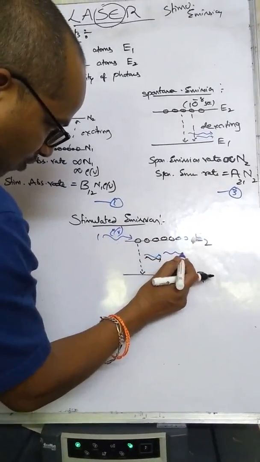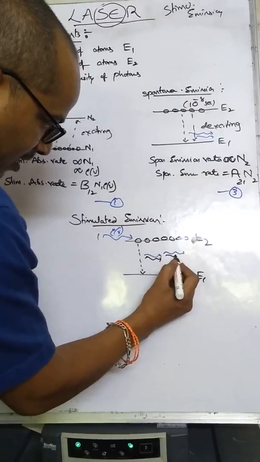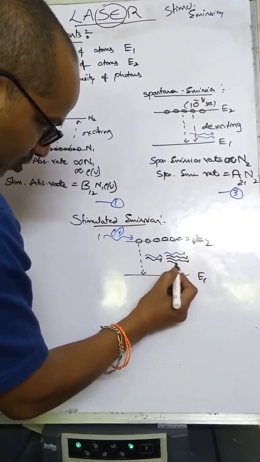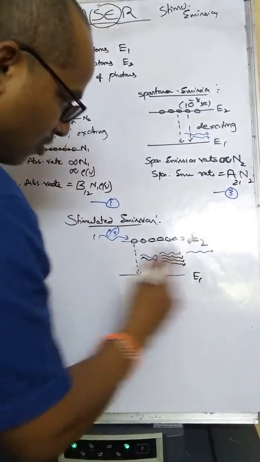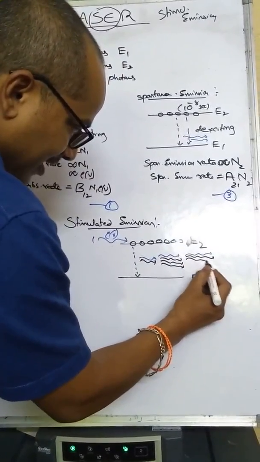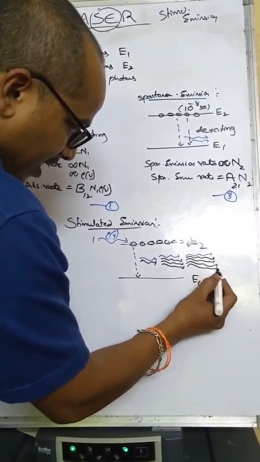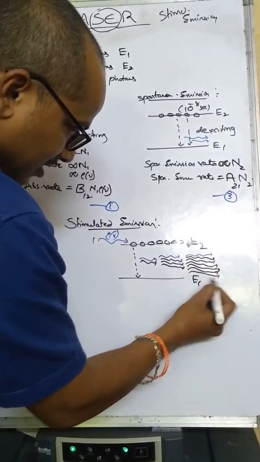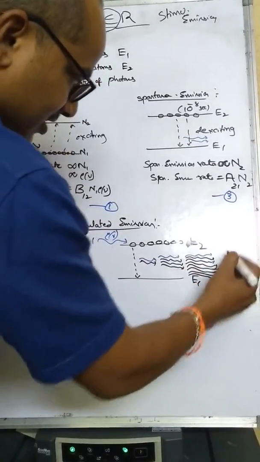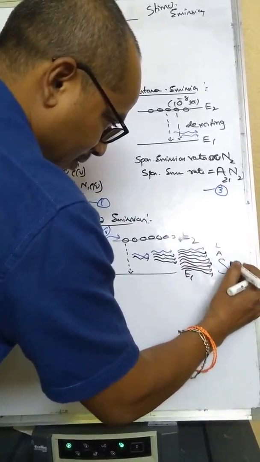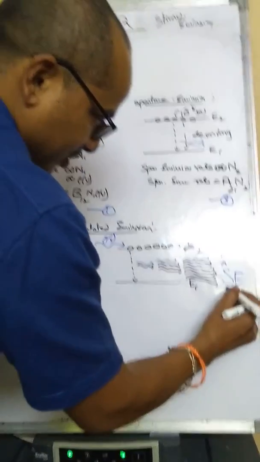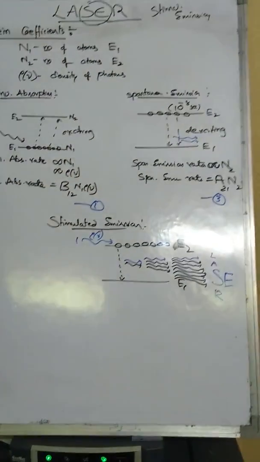These two photons interact with another 2 atoms, giving rise to 4 photons, and these 4 photons interact with another 4 atoms and you get 8 photons. As a result the light is amplified by a process called stimulated emission, hence the name laser.